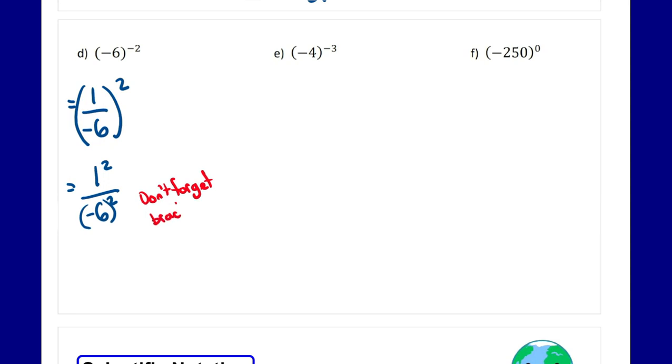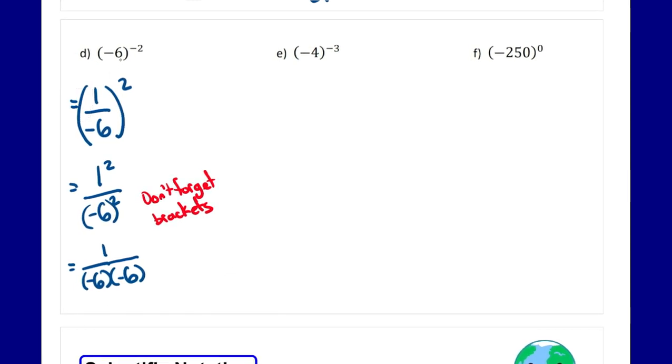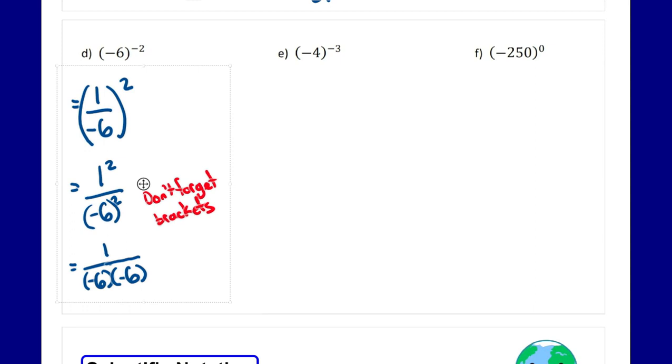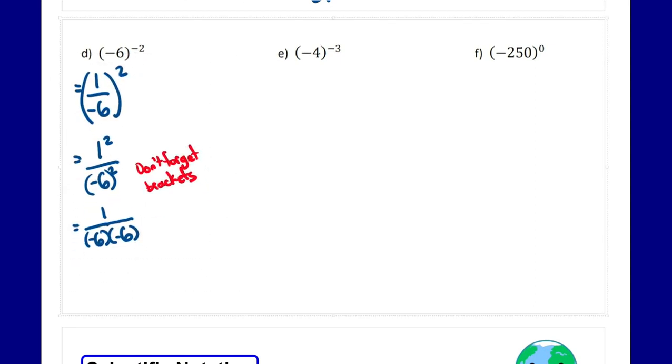And the reason we don't want to forget the brackets is because our calculator may not take the negative and apply it with the exponent. So this actually works out to 1 over -6 times -6, because it's raised to the power of 2. But depending on our calculator, if we don't put those brackets there, it may think we're doing 6 times 6 and just the entire thing is negative.